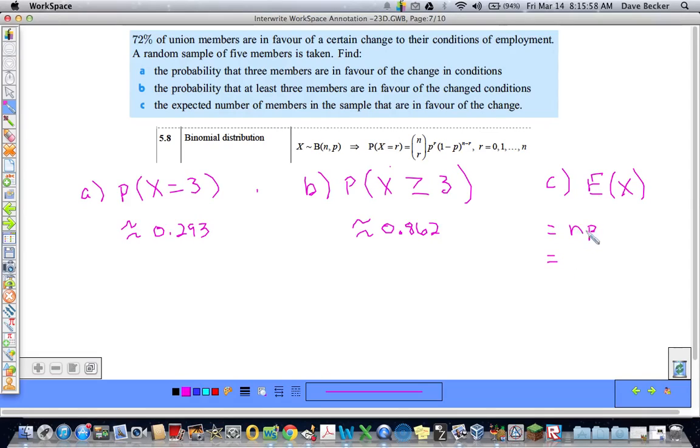That's the number of trials, which is 5 in this case, since 5 members are taken and each counts as a trial, times the probability of success. Okay, 5 times 0.72, so that would be about 3.6 members. I know you can't have 3.6 members, but you don't round it, you just leave it like that.